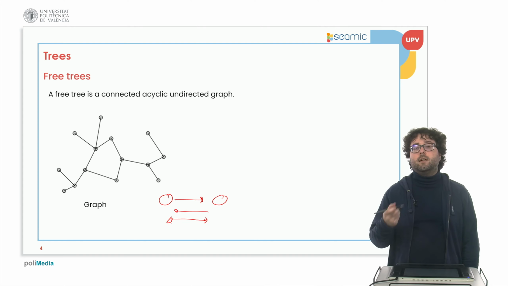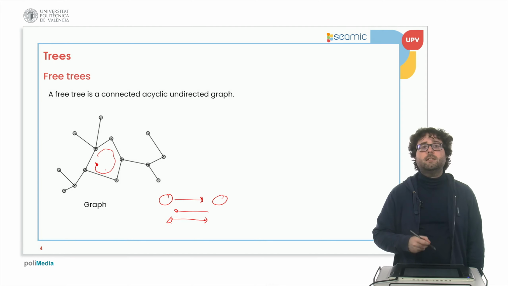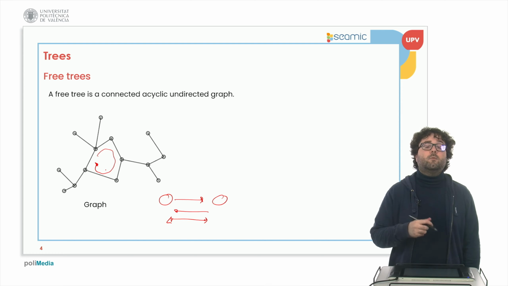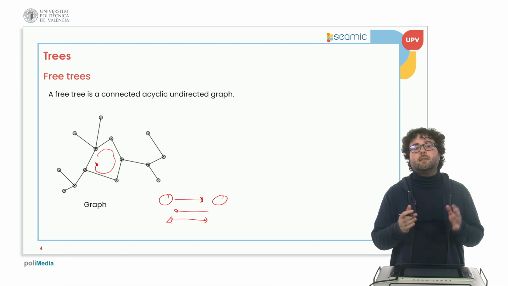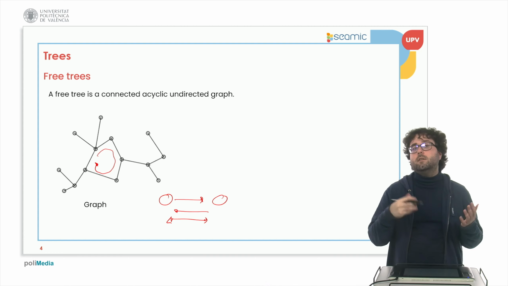Also, they can have cycles, which means we could be looping on this path, and it could be connected or unconnected. That means that all nodes have a path from them to everywhere or not.